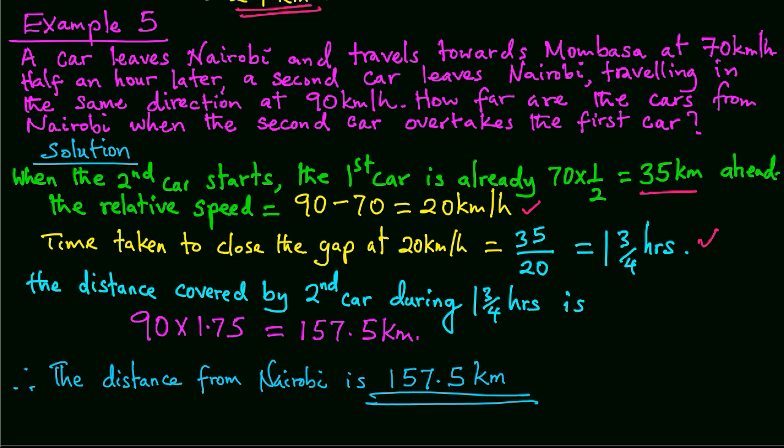Therefore, the distance covered by the second car during these 1 3/4 hours is 90 times 1.75, and this gives us a distance of 157.5 kilometers. And therefore, the distance from Nairobi is 157.5 kilometers.